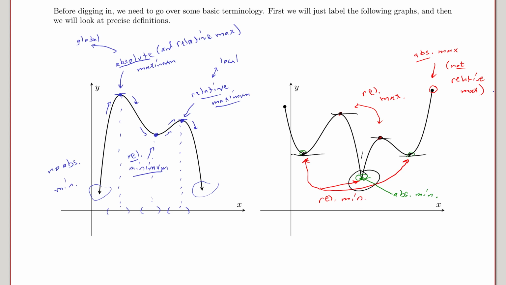But you might notice that the slope looks like it's maybe vertical. So these points will be found by either places where the derivative is 0 or undefined. We're mostly going to be concerned with points like this. Okay. So that's kind of the setup.